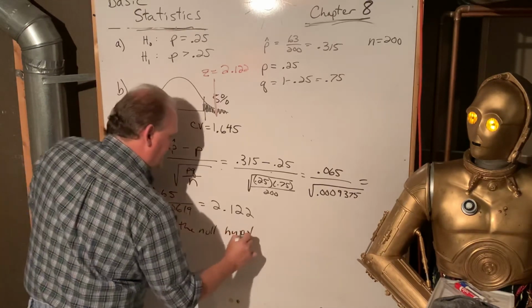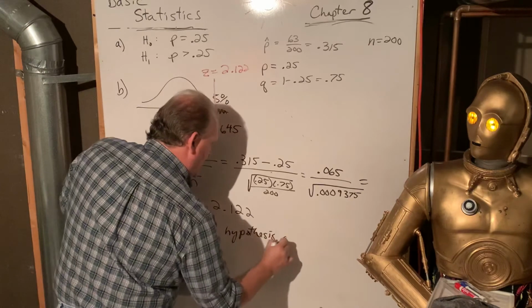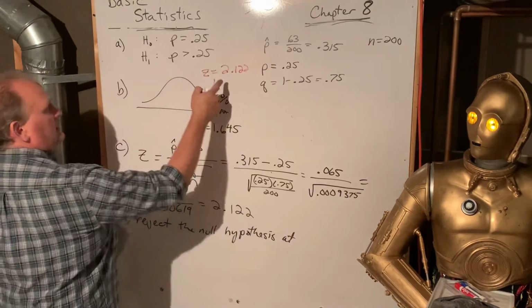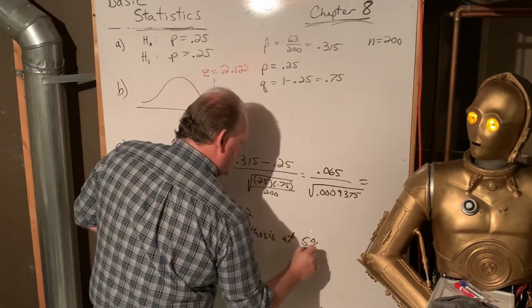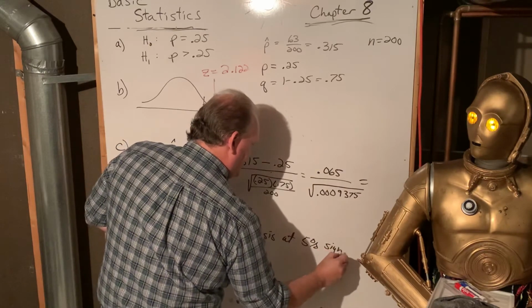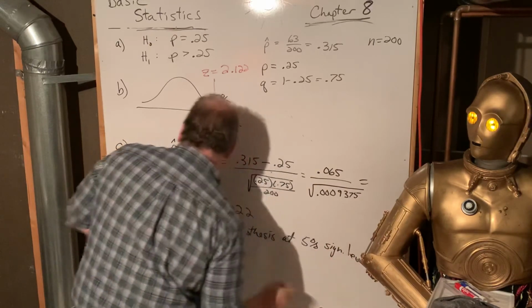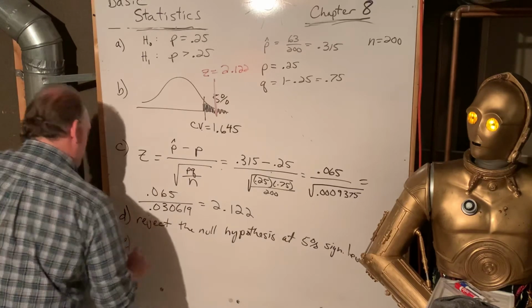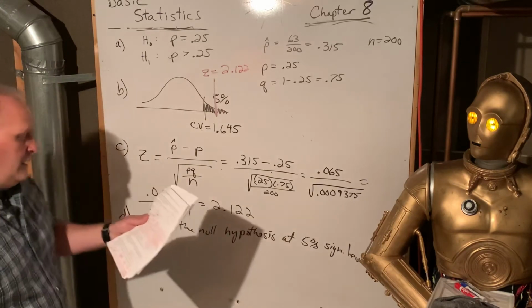We reject the null hypothesis at the 5% significance level. And so then let's do our write-up. That was our conclusion, reject the null.